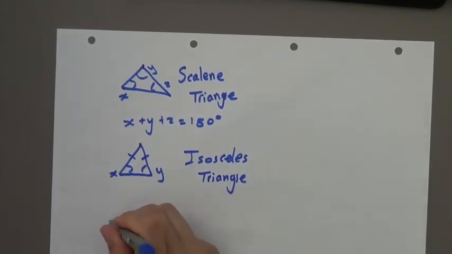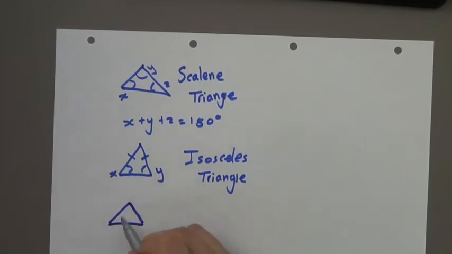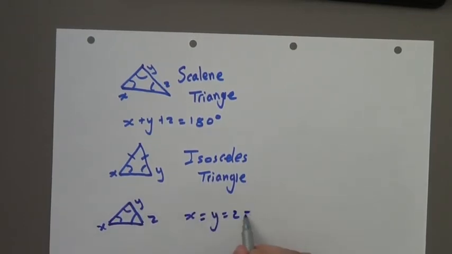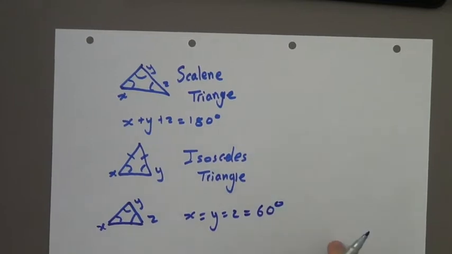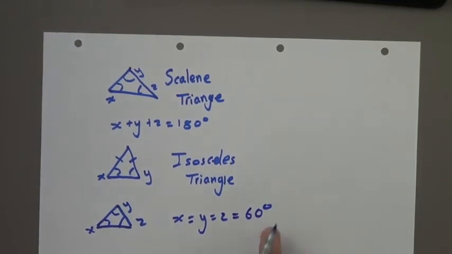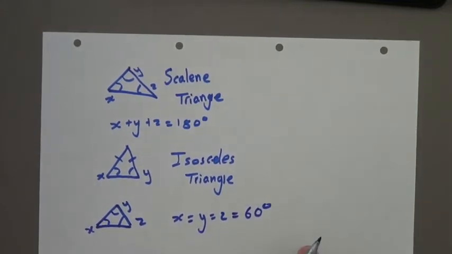Right, last type of triangle is an equilateral triangle, and all these sides are the same length, so x, y, z are the same. So x equals y equals z, and in order for them to equal 180 degrees, they have to equal 60 degrees.